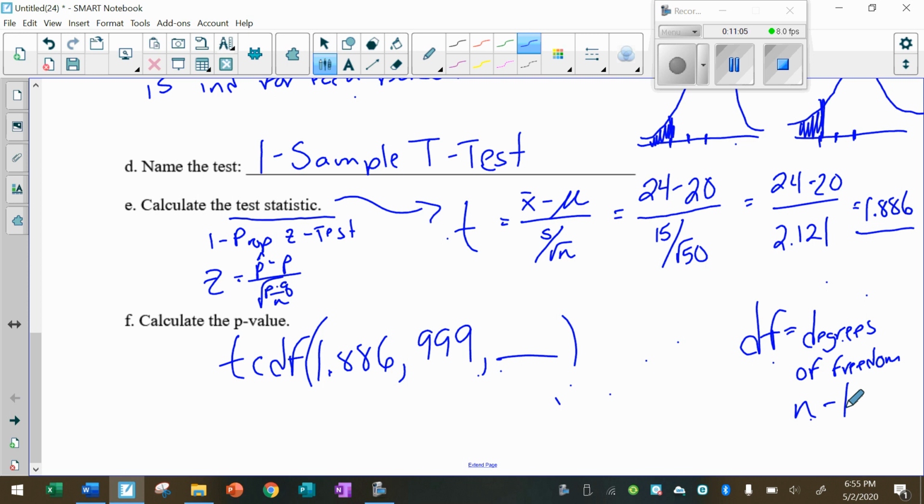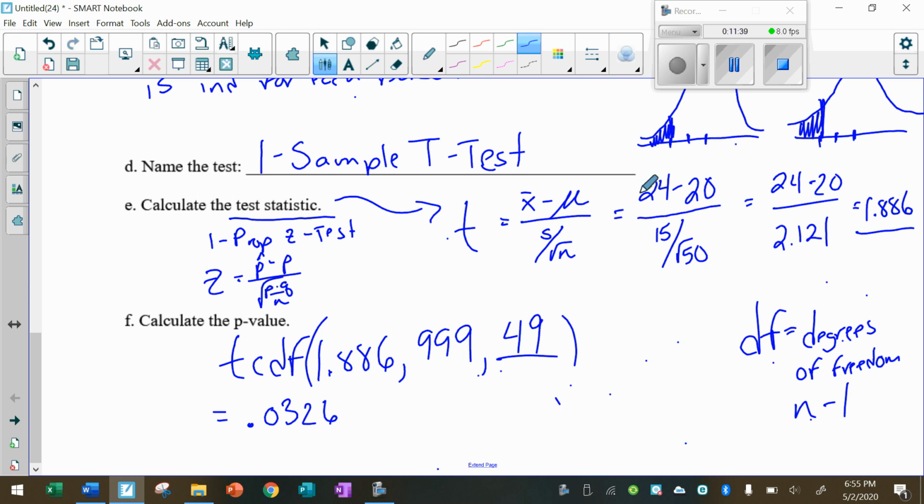So in our situation, we have a sample size of 50, so the degrees of freedom value is going to be 49. So when you do T-CDF from 1.886 to 999 with 49 degrees of freedom, you get a p-value of 0.0326. All right?